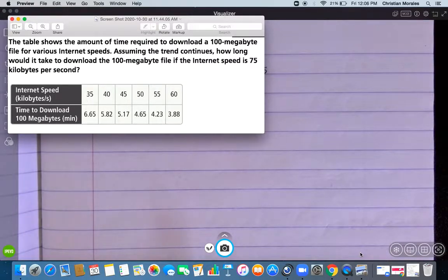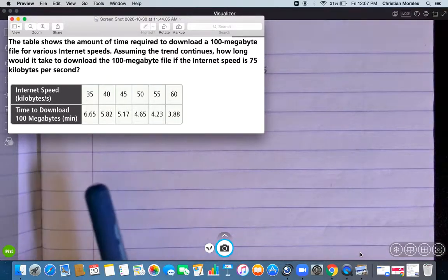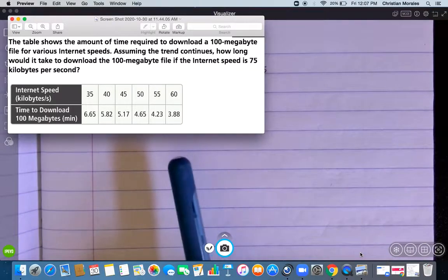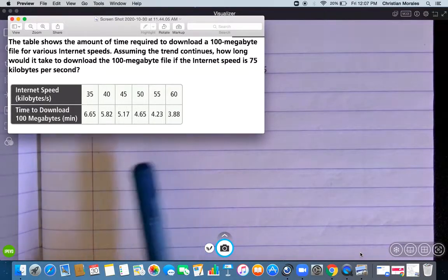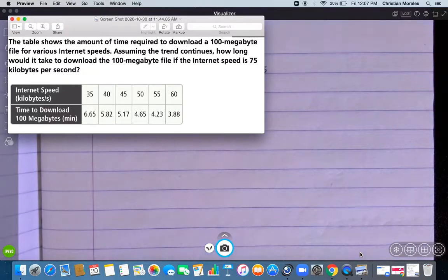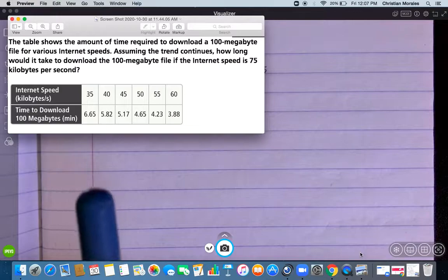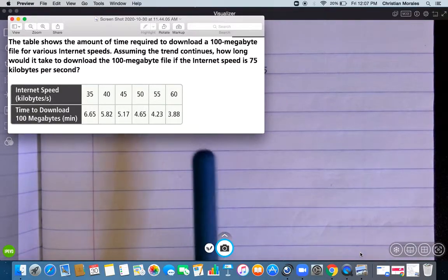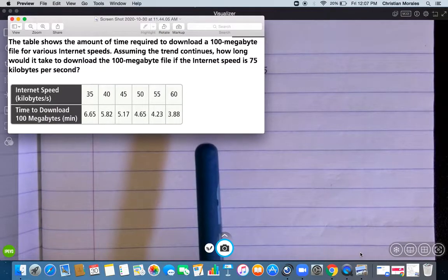So basically, when you look at these numbers in this table right here, you have a slow speed at 35 kilobytes per second and a fast speed of 60 kilobytes per second, and this is how long it takes to download that file. Okay, now to make an interpretation, they want us to figure out, okay, what if we get to 75? How fast would that be? We need to make a trend line.